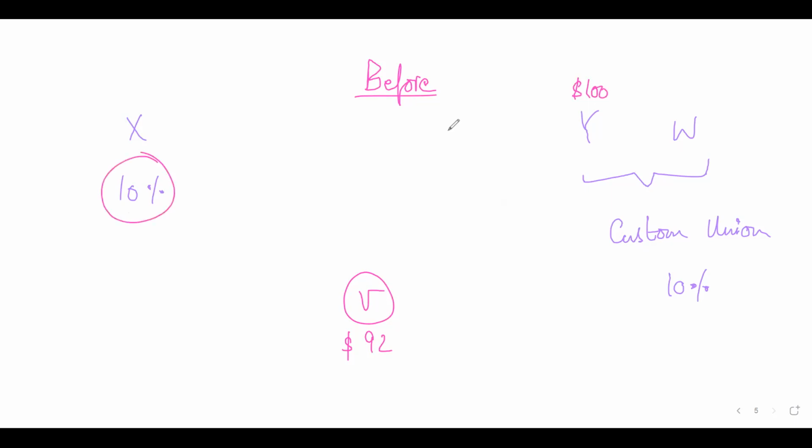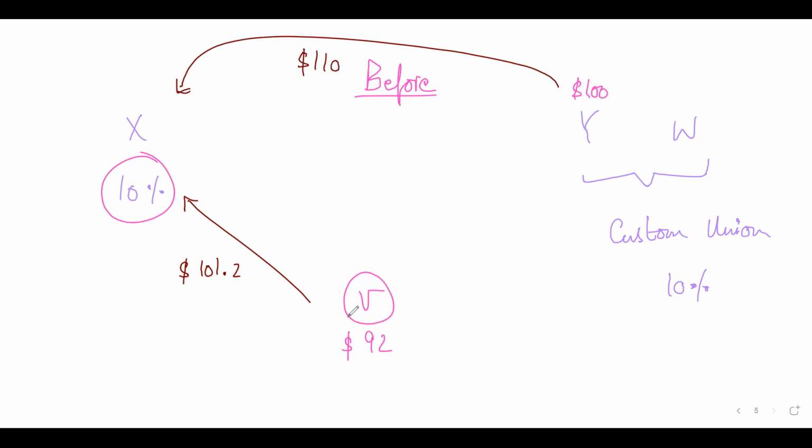With a 10% tariff, how much would a car cost X importing from V? 10% higher than 92 is $101.2, right? So at a price of $92, it cost them 101.2. Whereas importing a car from Y would mean it would cost them $110, because 10% higher than 100 is 110.